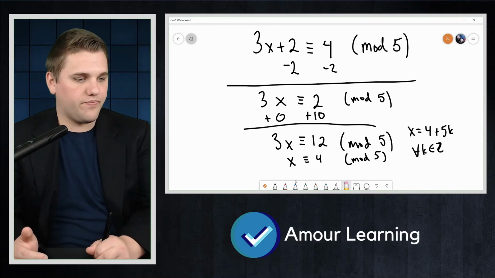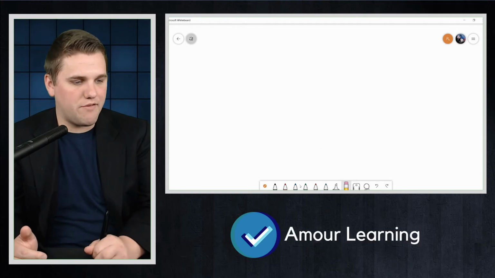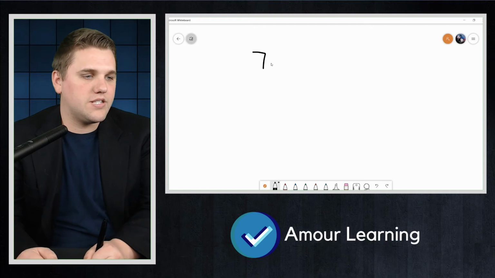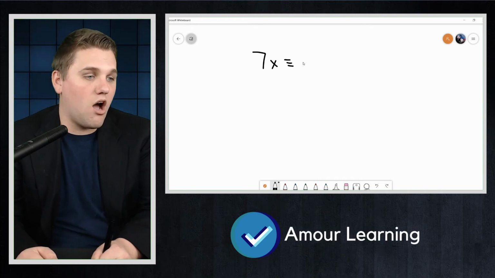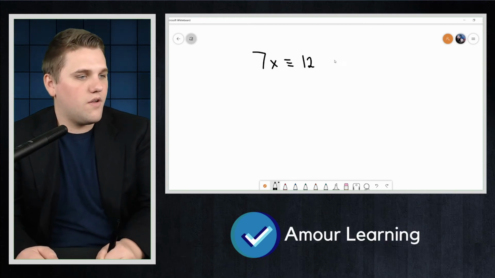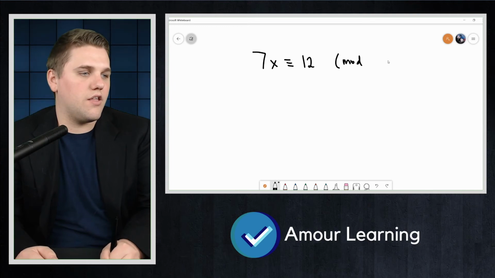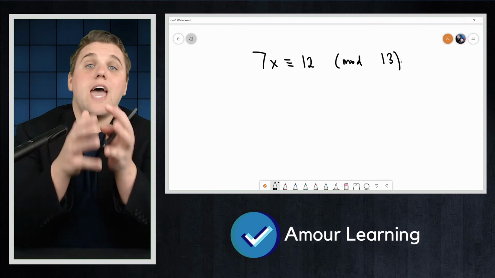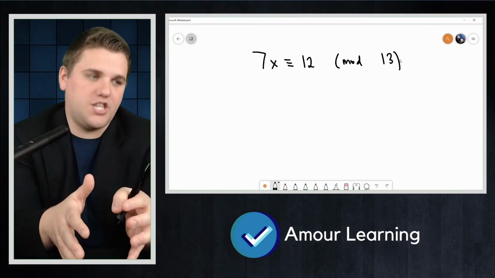All right, let's do an example together to see what this looks like all wrapped up in one example. And we'll move a little bit faster. So in this case, we're going to be solving 7x congruent to 12 mod 13. Okay, so again, there are two ways to approach this.